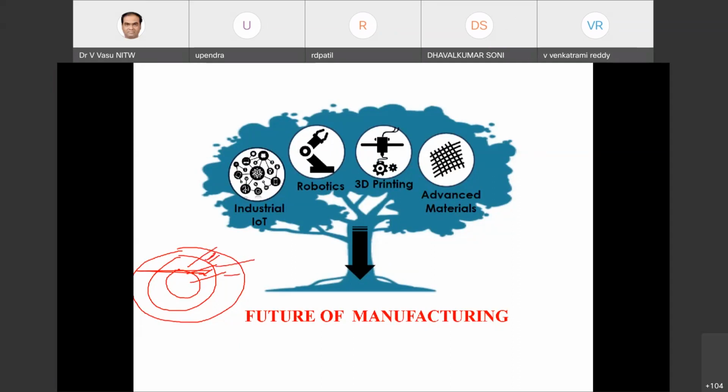When this disk is rotating in this manner, suppose we start from this point, we are getting 0 and 1. When we go in this rotation, we get 1 and 0. So when the disk comes in this manner, it is 1 0, and then it is 1 1.